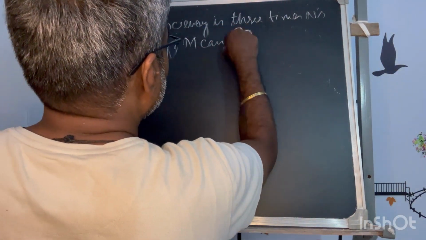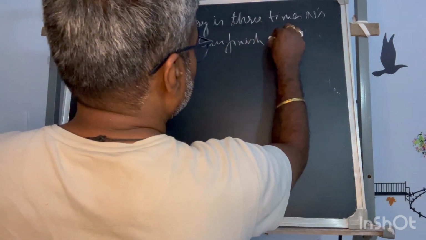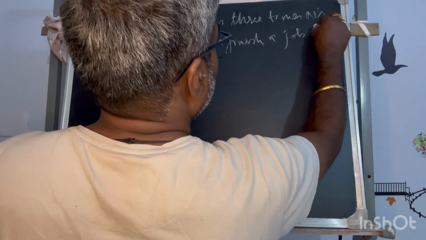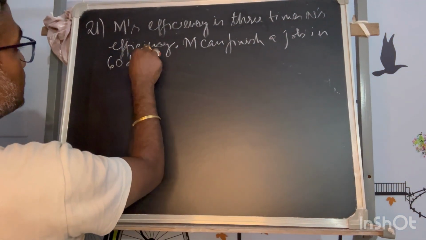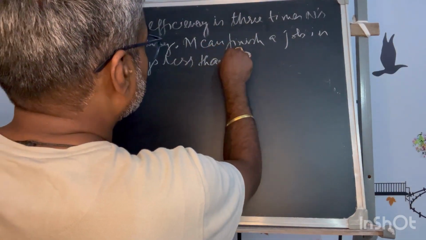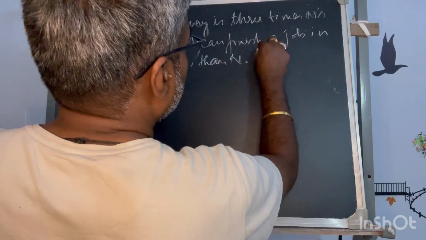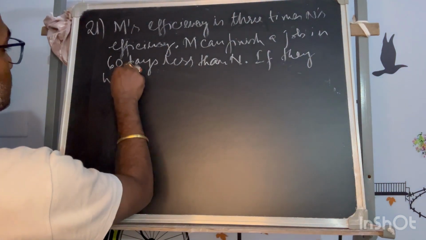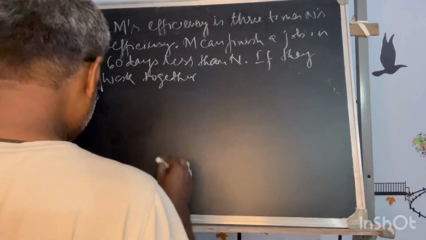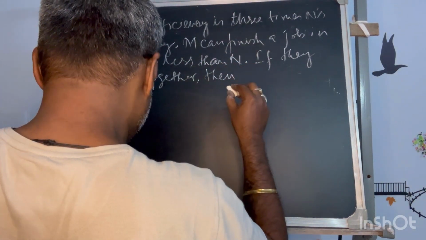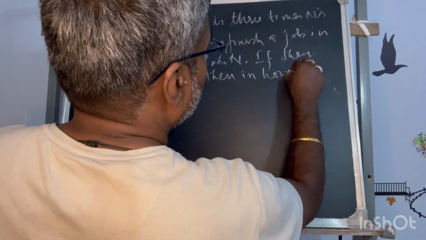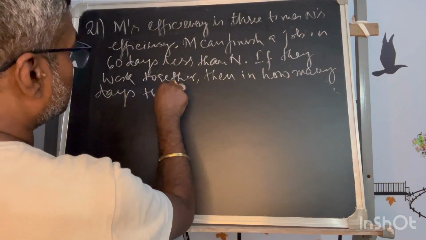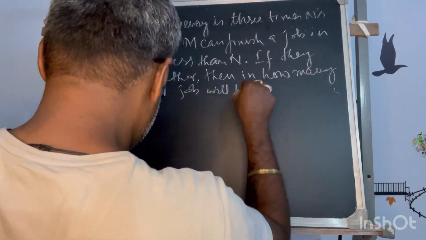M can finish a job in 60 days less than N. If they work together, then in how many days will the job be done?